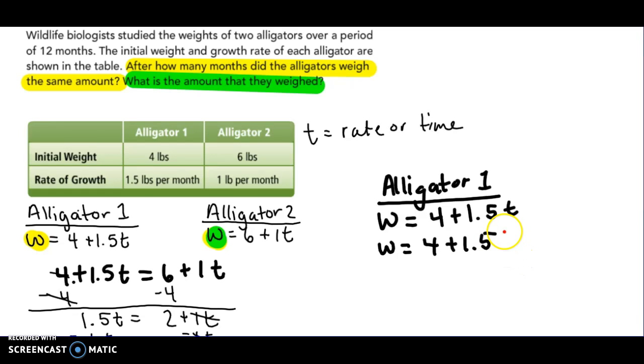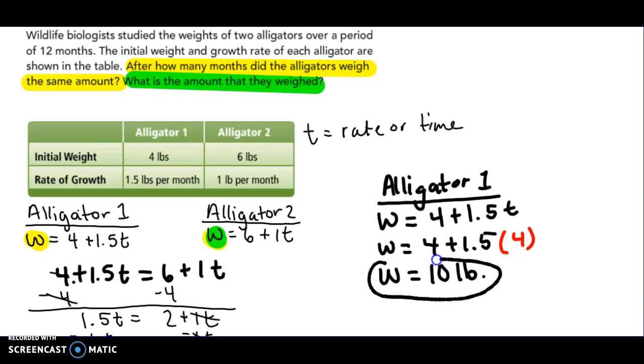I know t is 4, so I substitute t in, and I solve for W. So 4 plus 1.5 times 4 gives me 10 pounds. So that tells me that my W, the amount that they weighed, was 10 pounds. So I just answered my question in green.